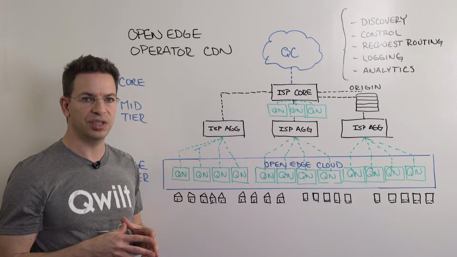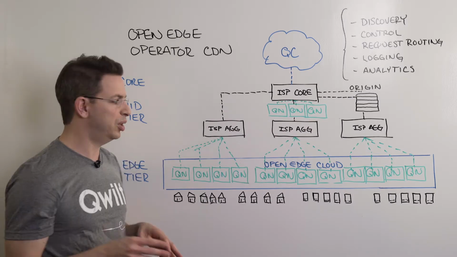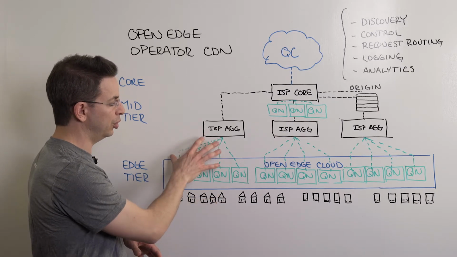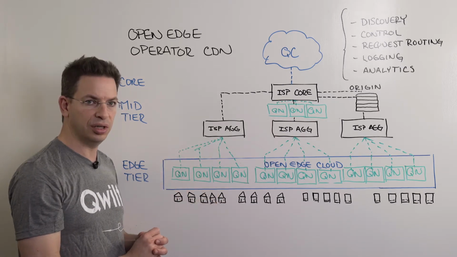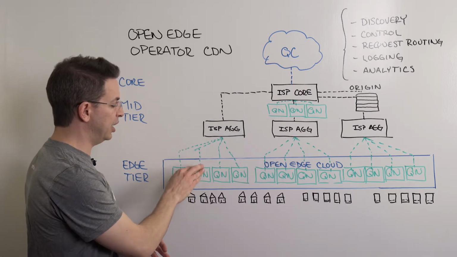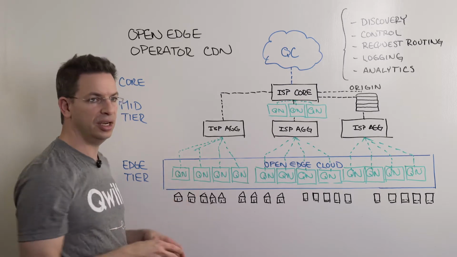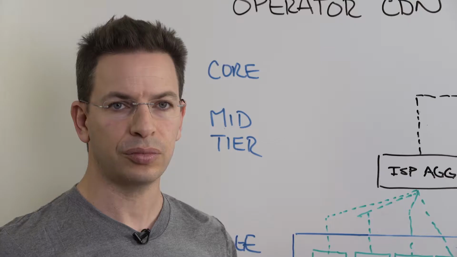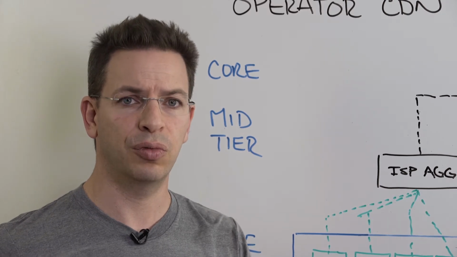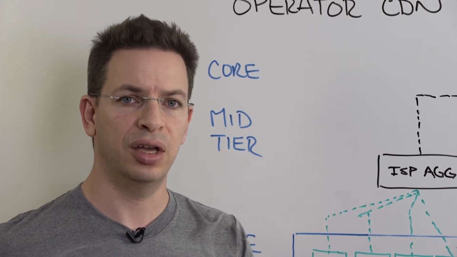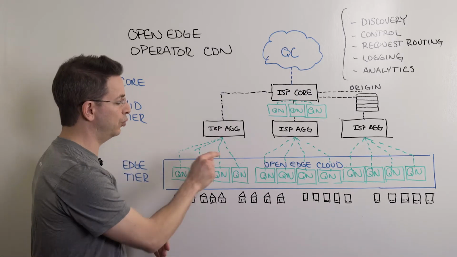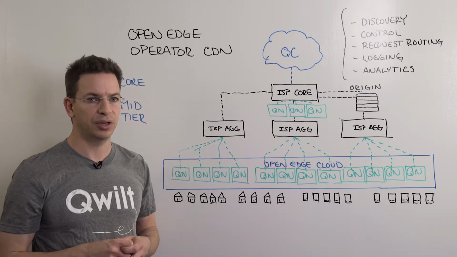Criteria used to decide where to distribute the content can be both geographic, i.e. the zones that a given consumer belongs to as it pertains to the QN nodes, but also health criteria, which is how busy, how loaded is a given QN node, and is it able to serve the content right now. Qwilt Solutions supports two methods for request routing, one being DNS with CNAME delegation, and the second being using HTTP redirect, typically using 302s to actually decide which QN node is going to be used for delivery of the content.